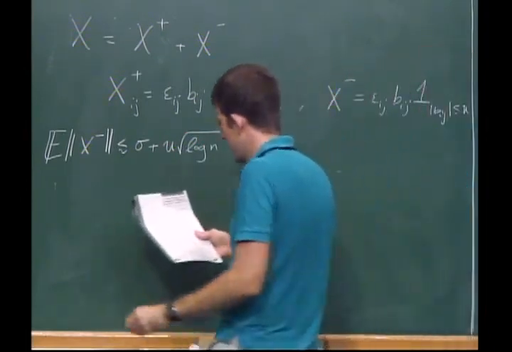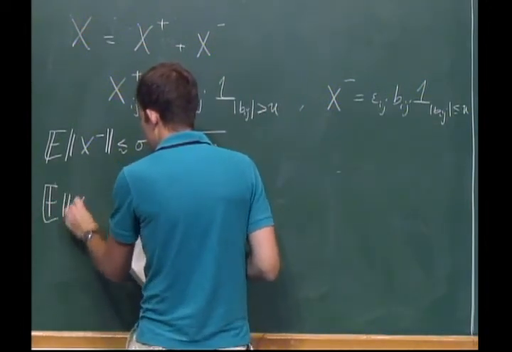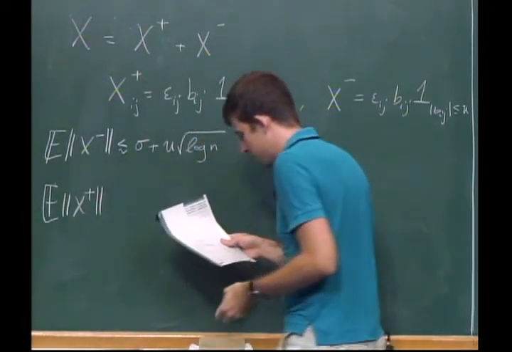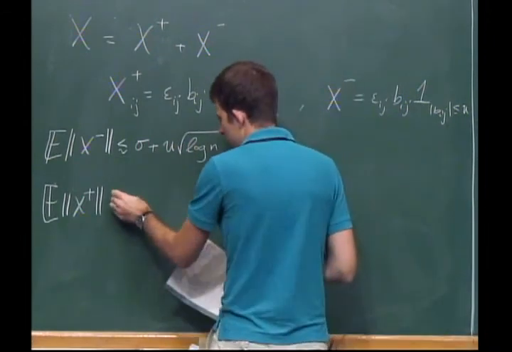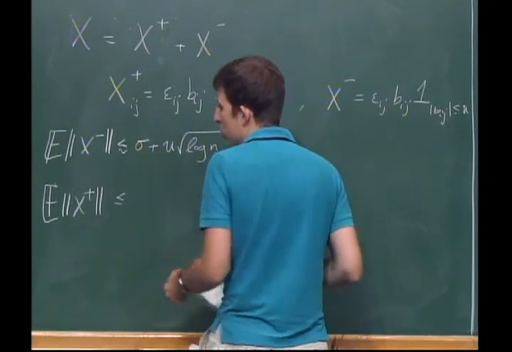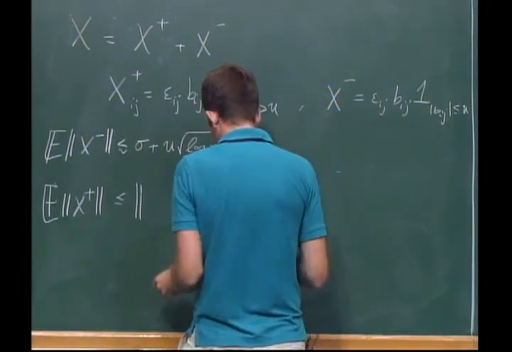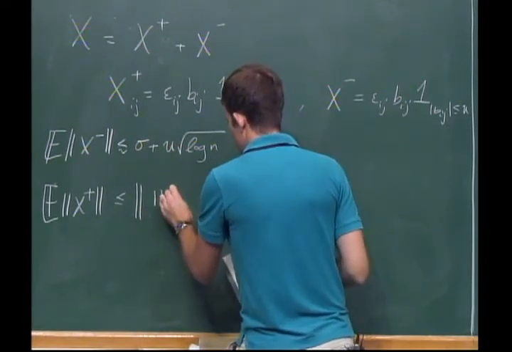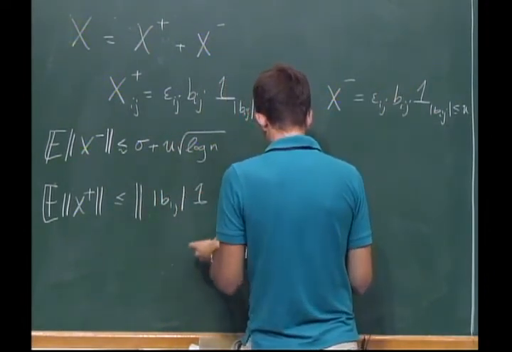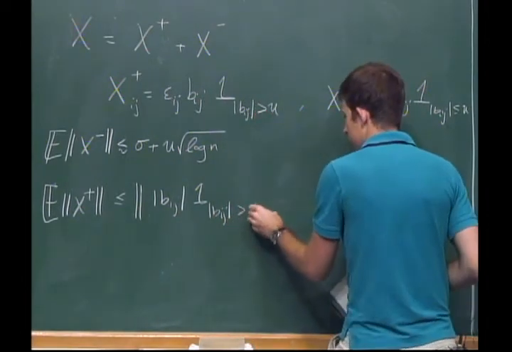On the other hand, for X plus, just by the Gershgorin circle theorem, the norm is for sure smaller than the norm of the matrix of b_ij times the indicator of b_ij bigger than u.